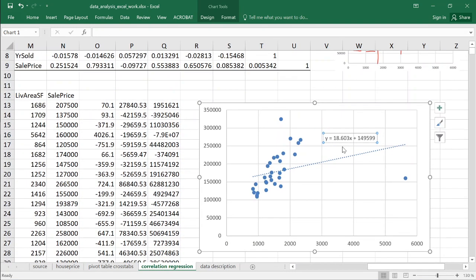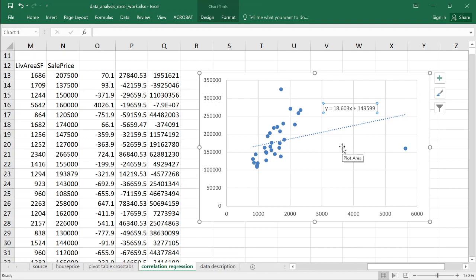And this number now does have units of measurement that allow us to relate the square feet of the living area to the sales price. 18.6 simply means if the living area goes up by 1 unit, in this case square feet, the trend line, the regression line, goes up by 18.6 units, or dollars in this case. So if the living area would go up by 1,000 units, the price would go up by 18.6 times 1,000.